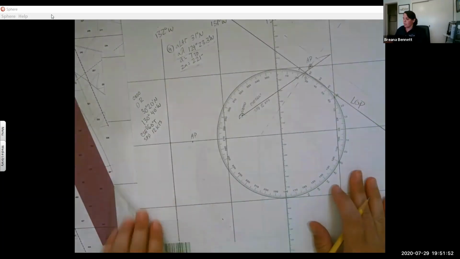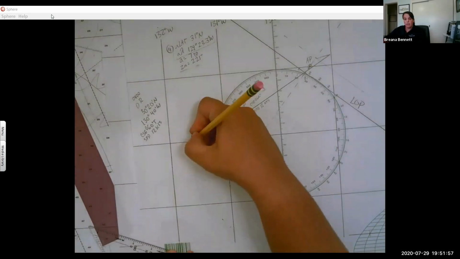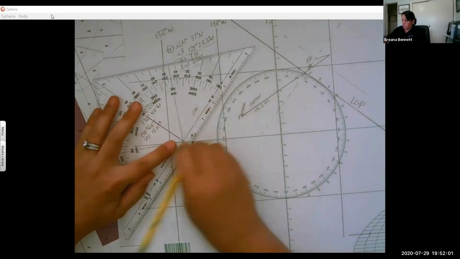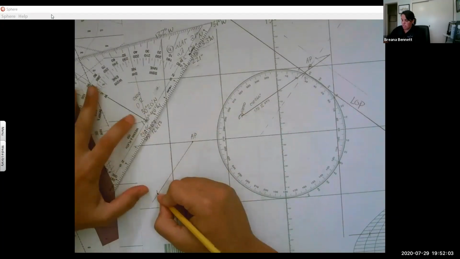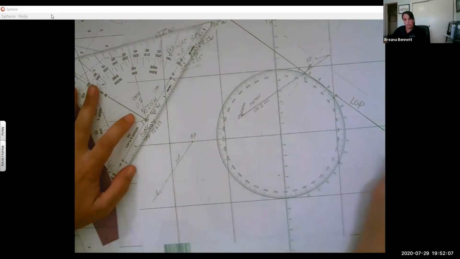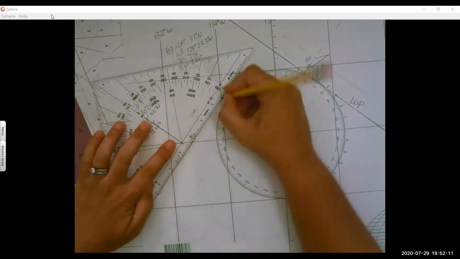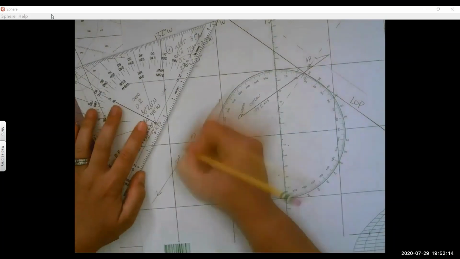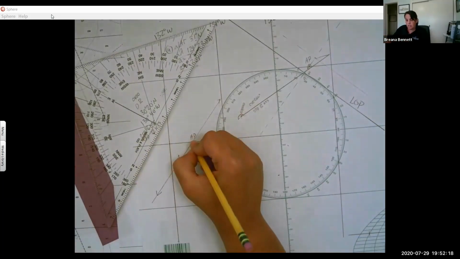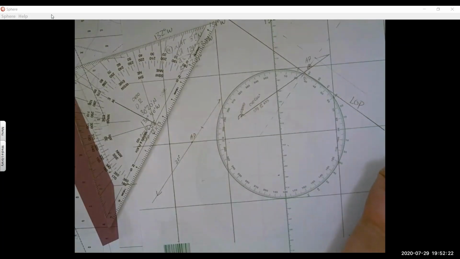If we were here and I wanted to draw a line of 2, 2, 1, it would be, generally speaking, this way, going towards 2, 2, 1. Oh, I see what you're saying. Away from the direction of 2, 2, 1 from my assumed position would be over here. It was a 180 minus 2, 2, 1.